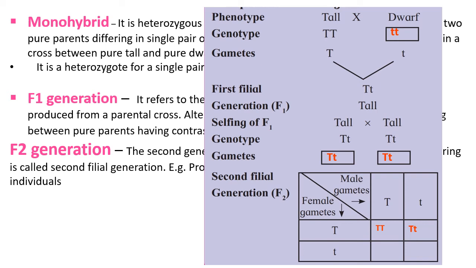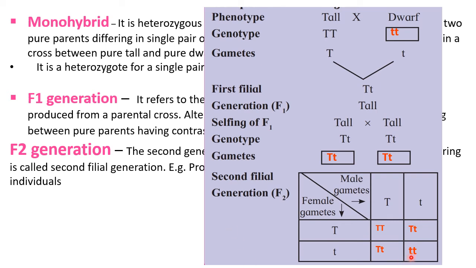Then another combination is produced which shows the genotype capital T small t, and it is also a hybrid. And the last combination is small t and small t, means a dwarf pea plant is produced.